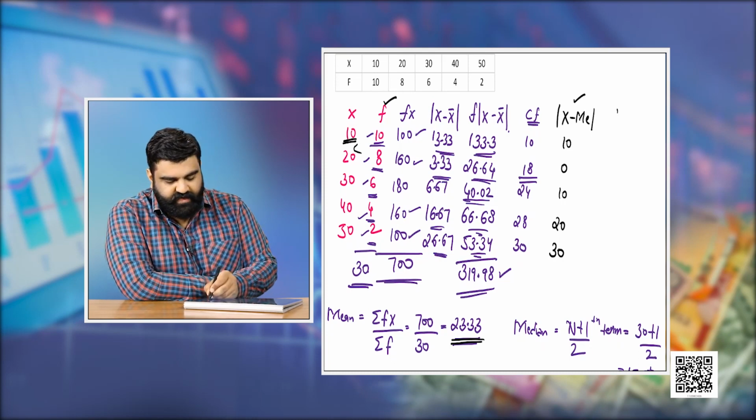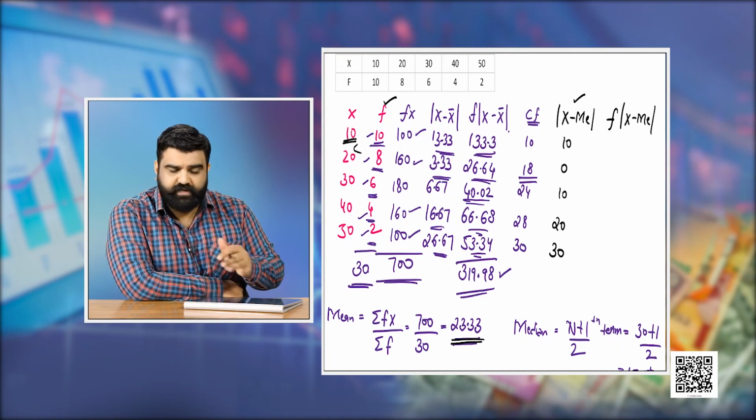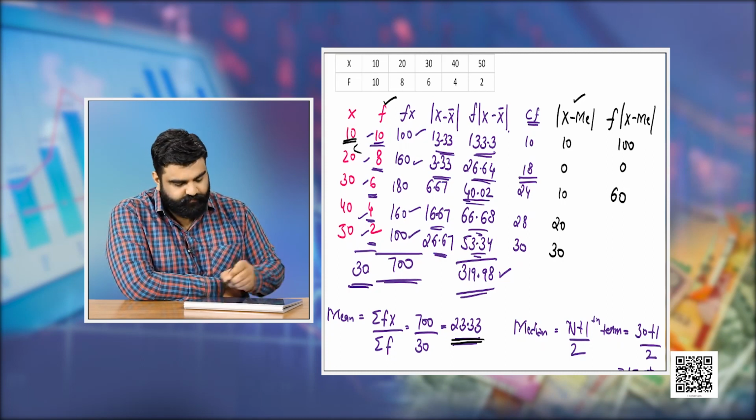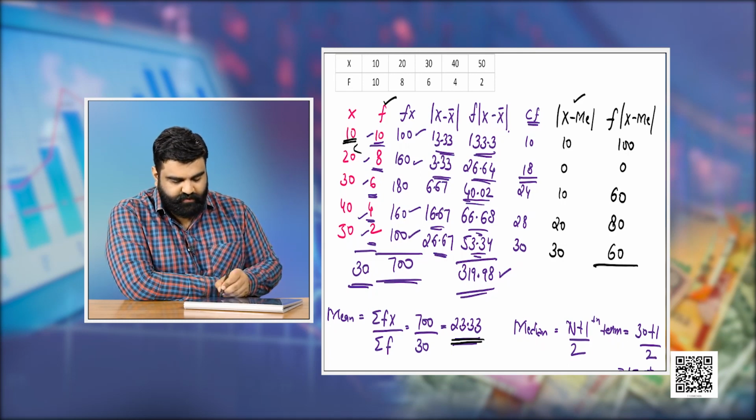So, we have f mod x minus median. The answer to this will be 100, 0, 60, 80 and finally 60. So, the total to this will be 100 plus 120, 220 and 300.